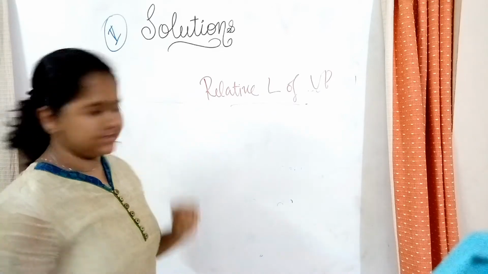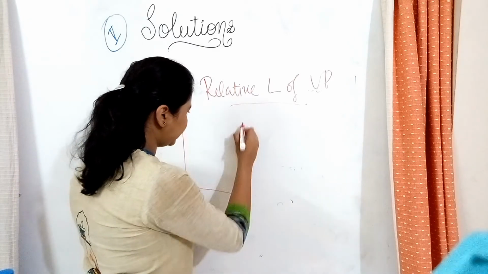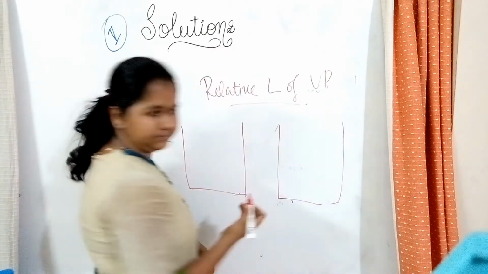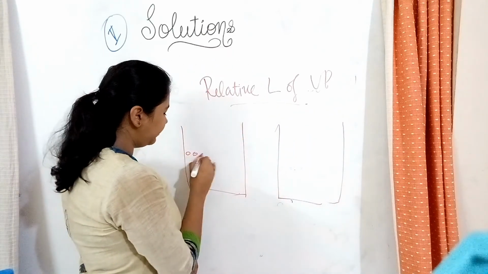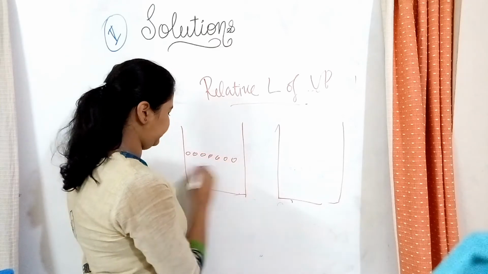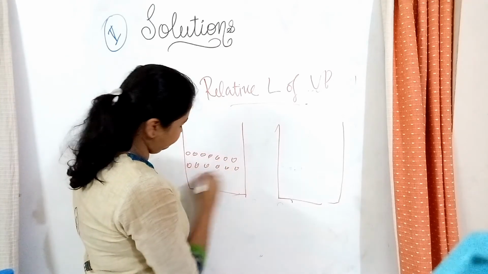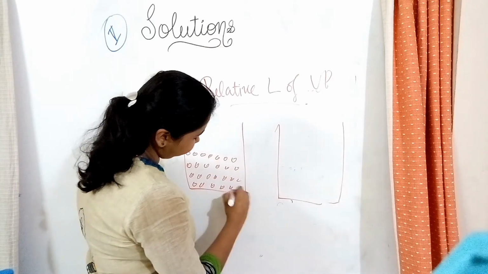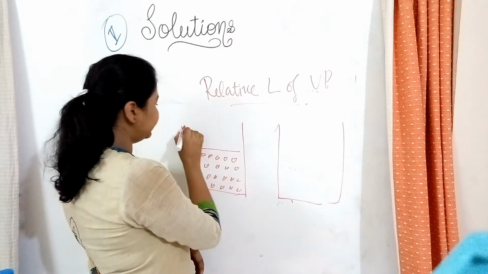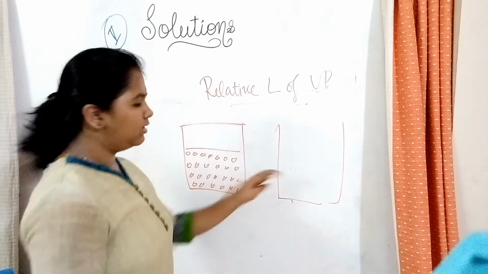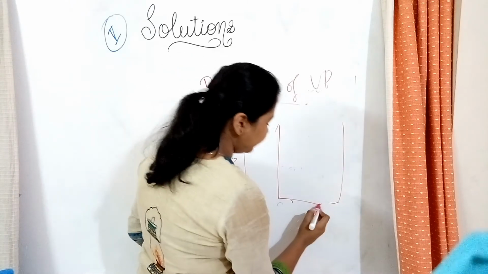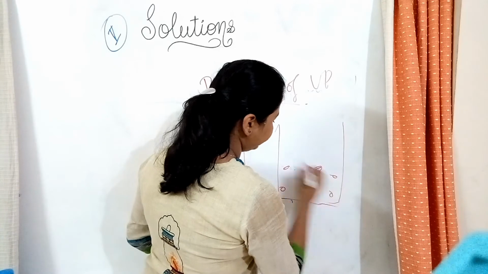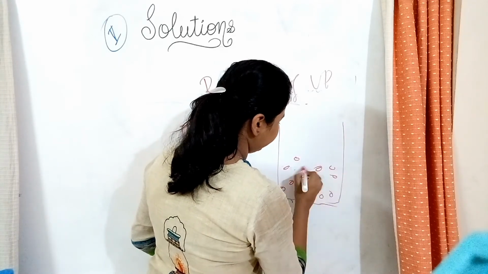Let's take 2 containers. This is container A and this is container B. Over here we have a pure solvent, and this is sealed. In this one, we have a solution with some solute particles in it.